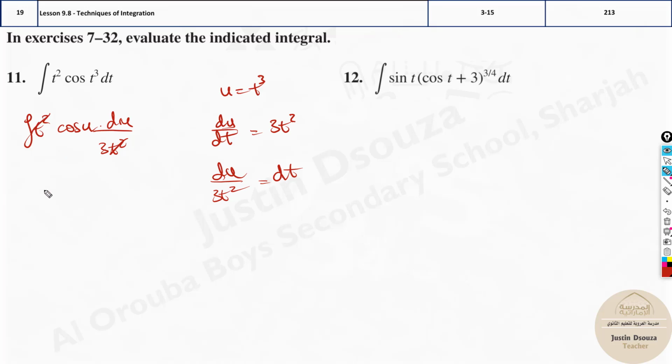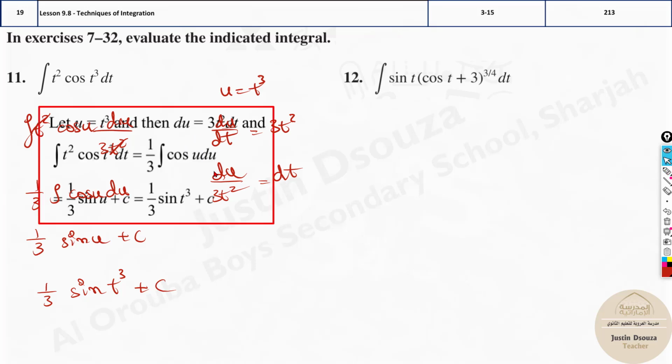Now t squared cancels. You're remaining with 1 by 3 integral cos u du. Integrate this. It's going to be 1 by 3 sine u plus c. Now just substitute back. U was supposed to be t cube. This is the answer. Once you get the idea of this, this is pretty simple, you know. So that's the final answer.